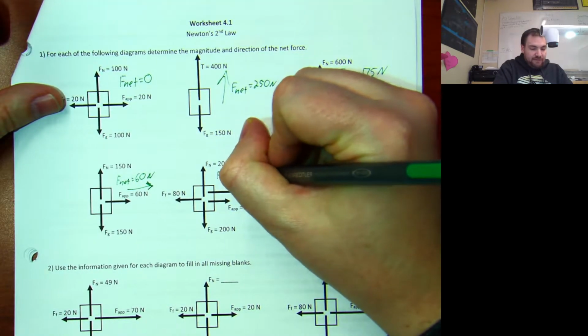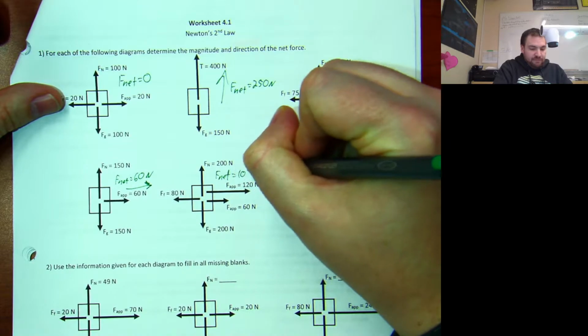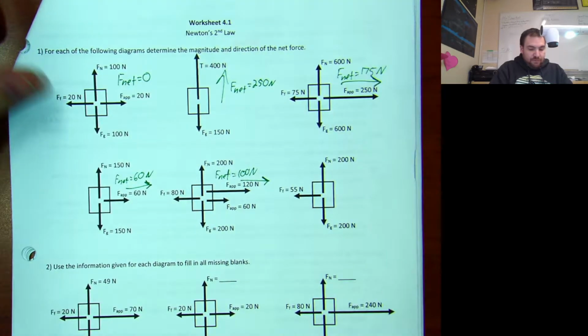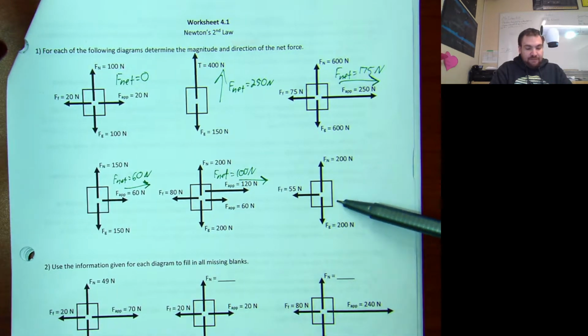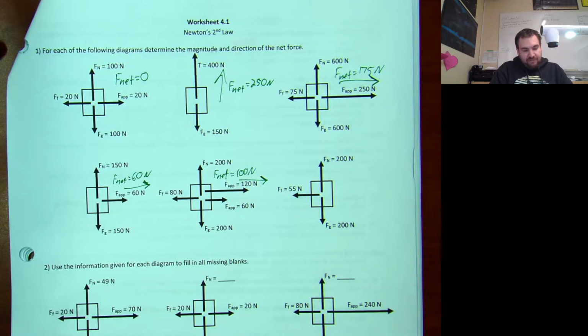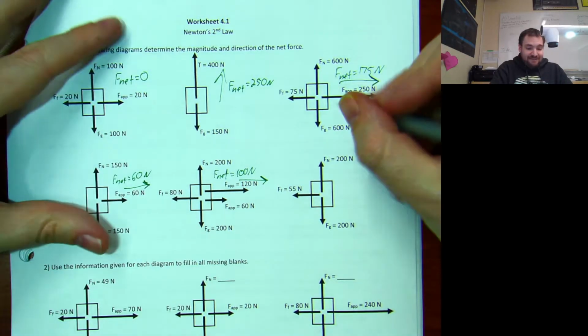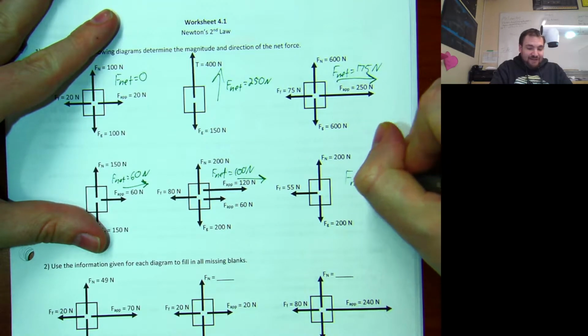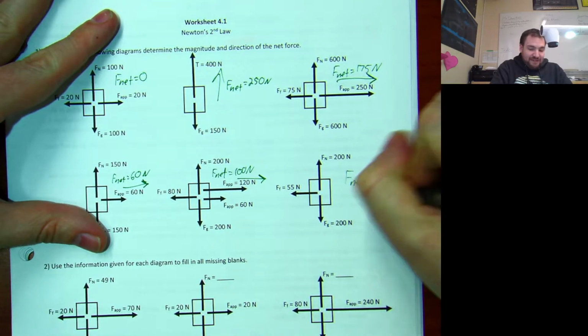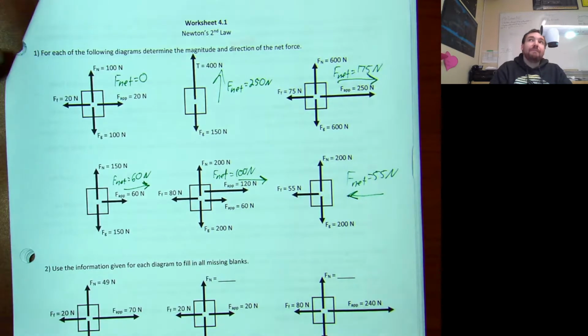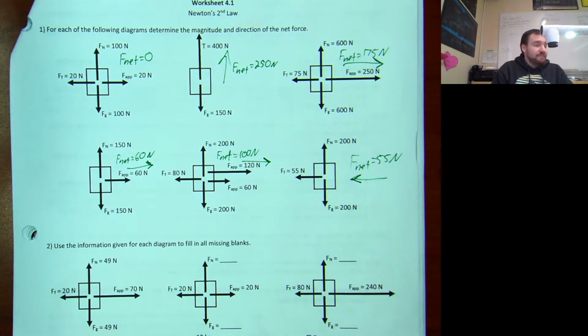F net is 100 newtons, which way? Right. Cool. And this guy? 55 newtons. This is a tricky question. It's not already in motion, it's just slowing down. Oh, maybe it's already in motion. Yes. So then F net is going to be 55 newtons, and this one's going to the left.